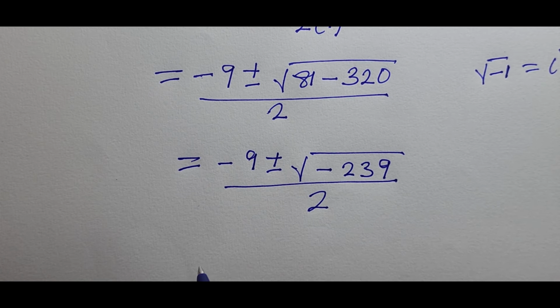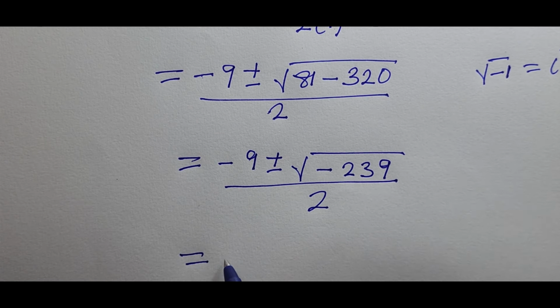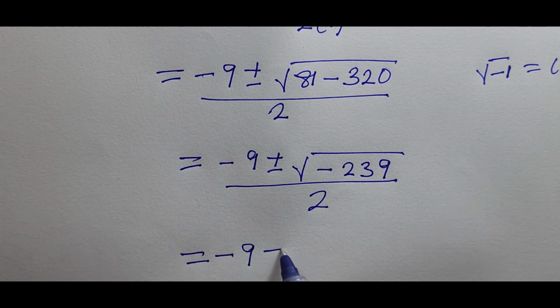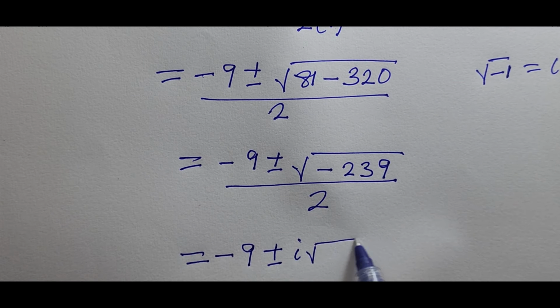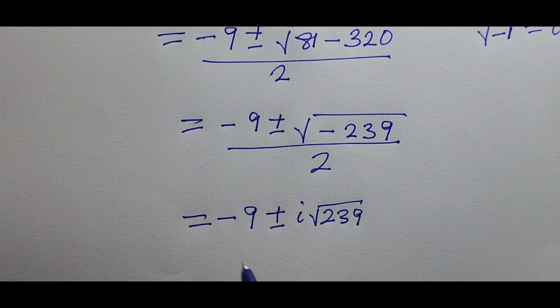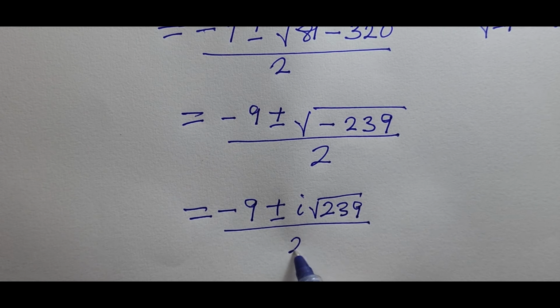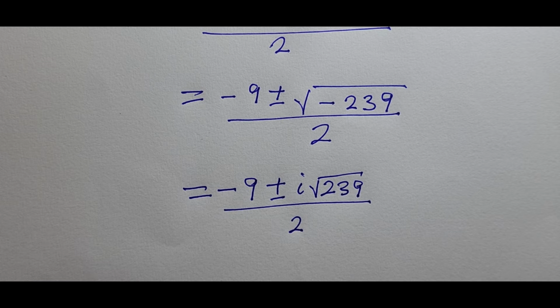So if we go ahead to do that, this is going to give us minus 9 plus or minus iota times the square root of 239, everything all over 2. Now, if you check carefully, 239 is a prime number, so we cannot factorize this beyond this level.